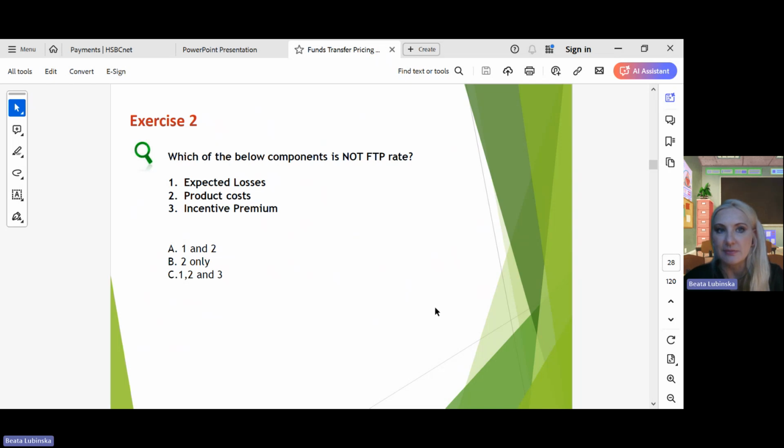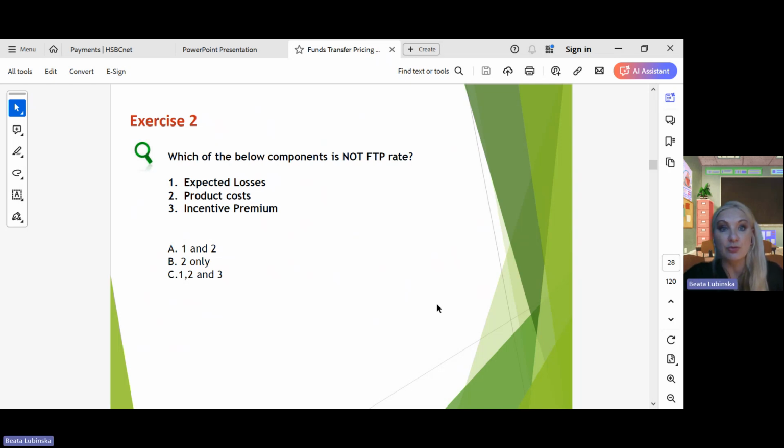In exercise number 2, the question is, which of the below components is not an FTP rate? Not FTP. Do you remember we analyzed the building blocks for the FTP rate, and we identified the corresponding building blocks for interest rate risk, for liquidity, and so on.